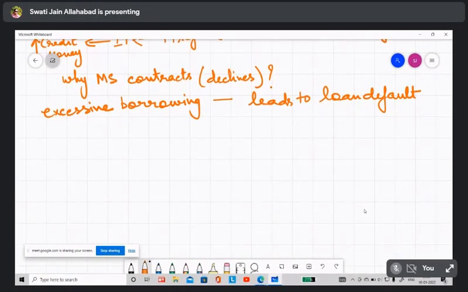Every time money supply goes up, maybe people don't borrow, or maybe people don't invest with the increase in money supply. So there are certain advantages, certain disadvantages of this model. There are some supporters, some critics of this model.